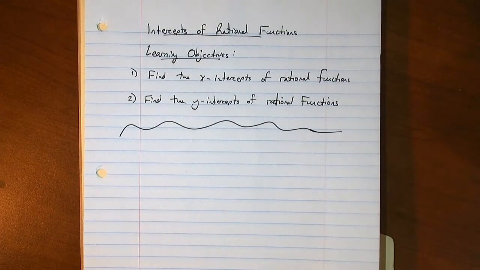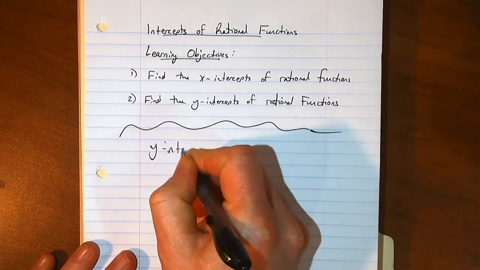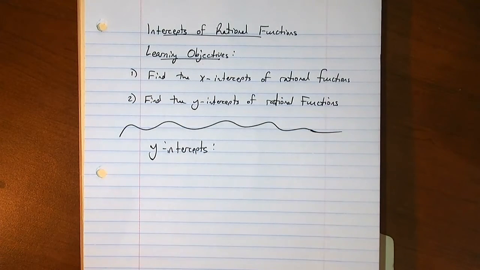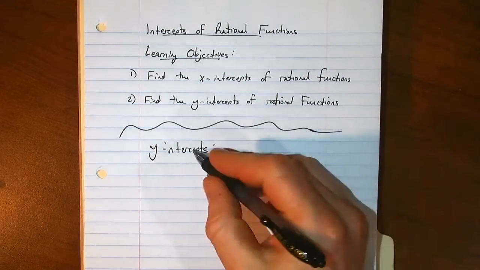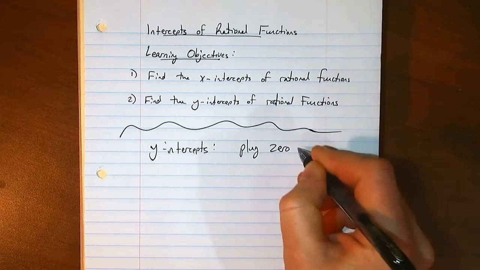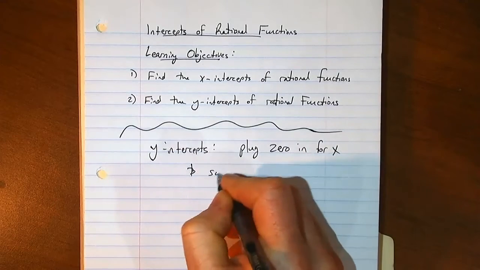So let's start with the y-intercepts. I usually like to start with those first because personally, I find that they tend to be a little bit easier. So we already know that to find y-intercepts, you plug 0 in for x and solve for y.